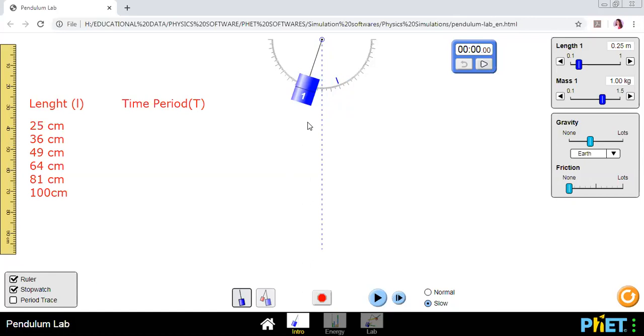I pause it. This is 20 degrees. I keep it at 20 degrees.